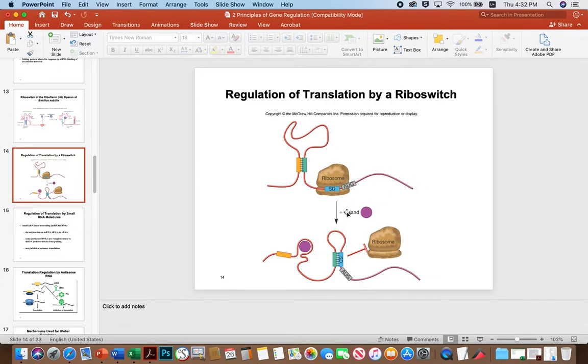But in the presence of some ligand, there's a particular binding site in the messenger RNA that would trigger another region here to bind to the Shine-Dalgarno and form this loop, which blocks ribosome binding and in turn blocks translation.